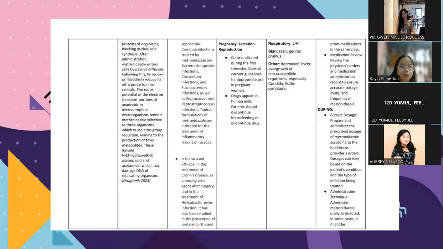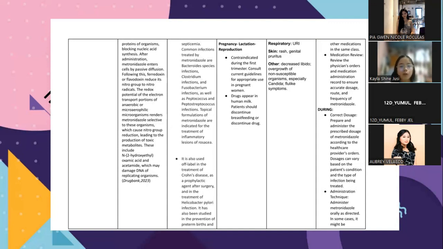Some may also be present in the bloodstream in the cases of septicemia. Common infections treated by metronidazole are Bacteroides species infections, Clostridium infection, and Fusobacterium infection, as well as Peptococcus and Peptostreptococcus infections.